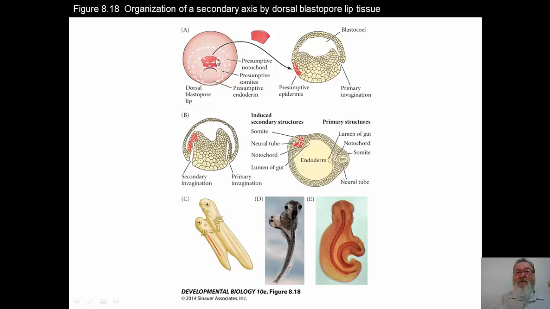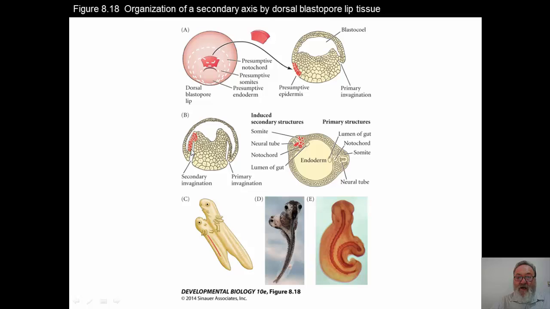What they did was take the dorsal lip of the blastopore from this one species, transplanted it onto presumptive epidermis at an early gastrula stage, and what they found was that in that transplanted area, you got a secondary invagination.